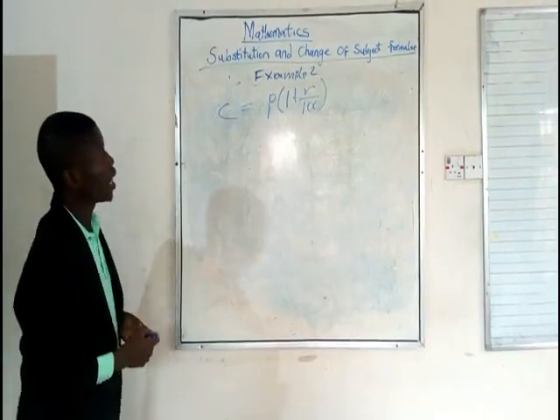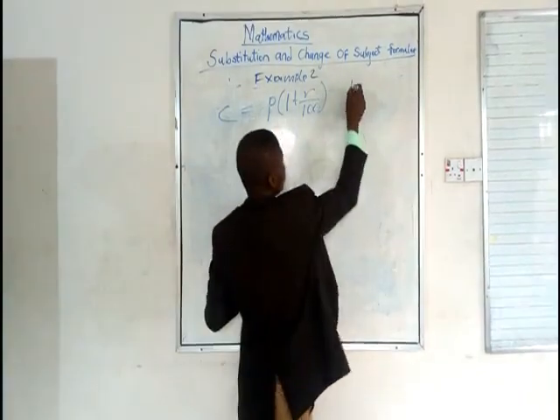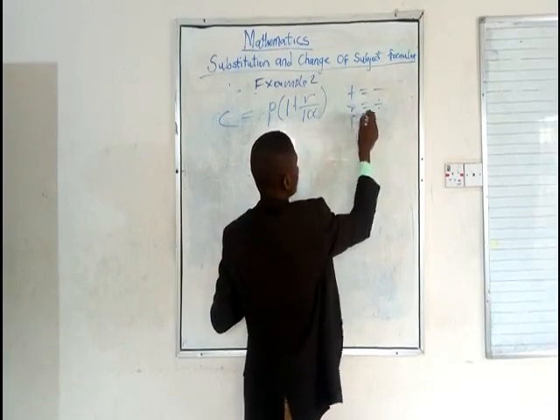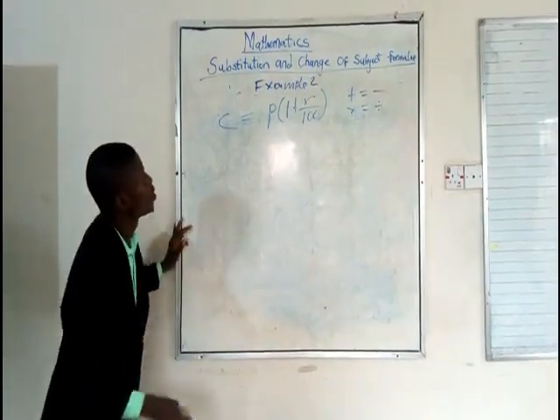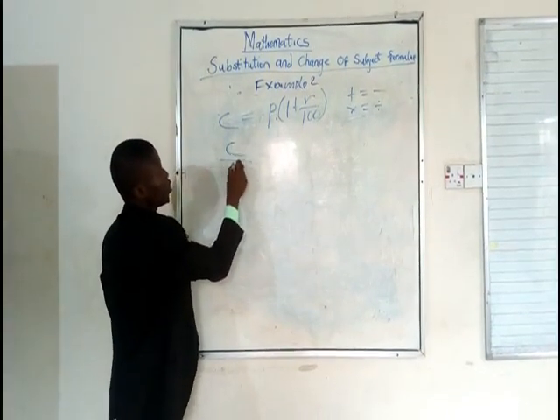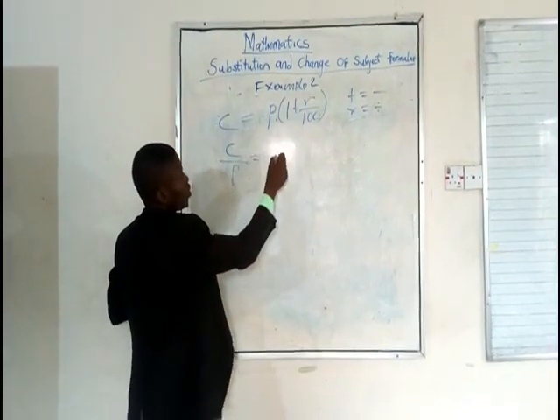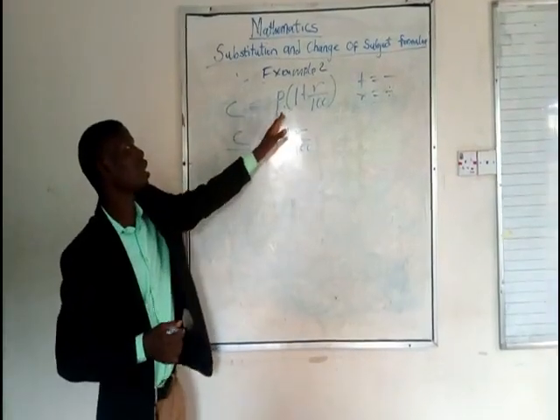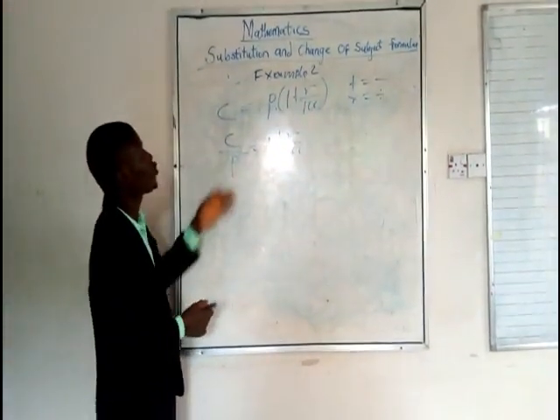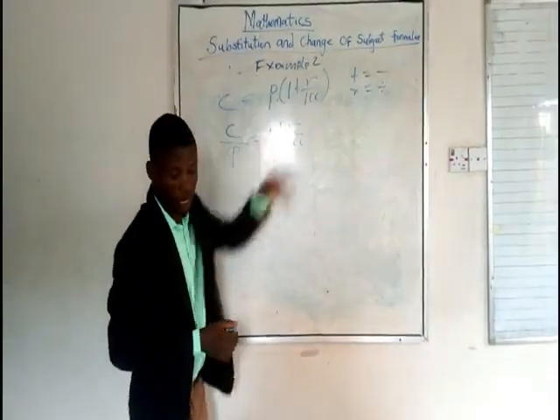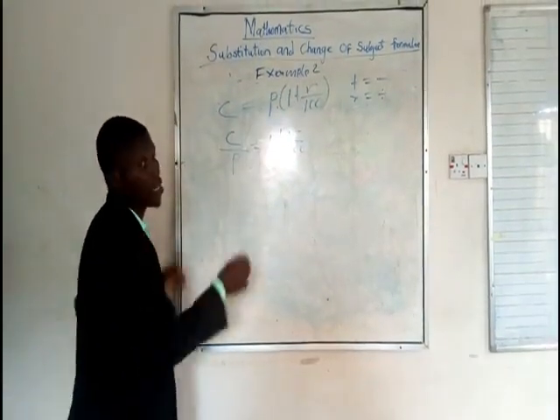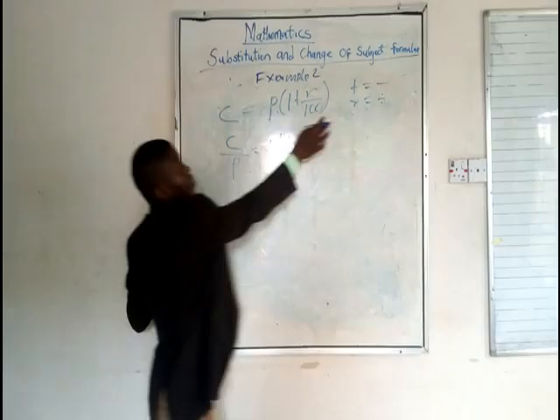Let's start. According to this law I stated before, we are still making use of it. These two is what I need. This P is times this, so it will cross. We have to make r the subject of the formula as the case may be. P crosses, and times crossing gives division.